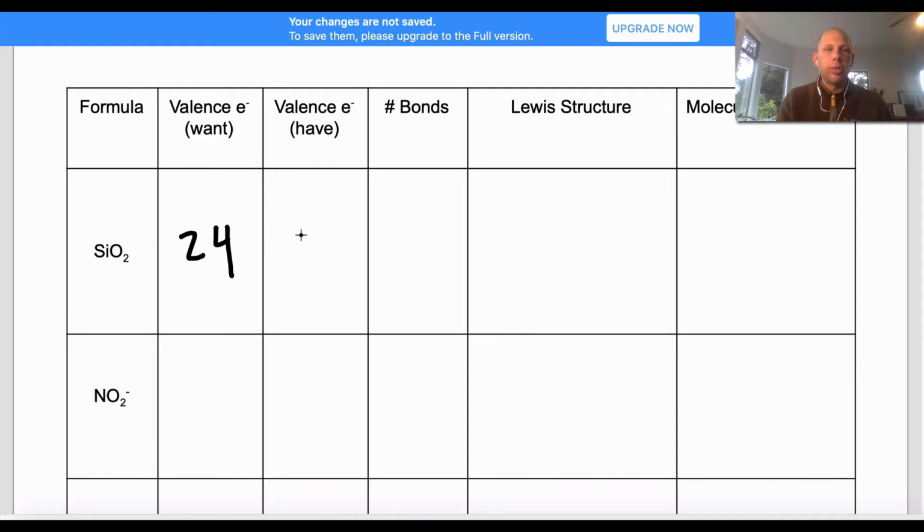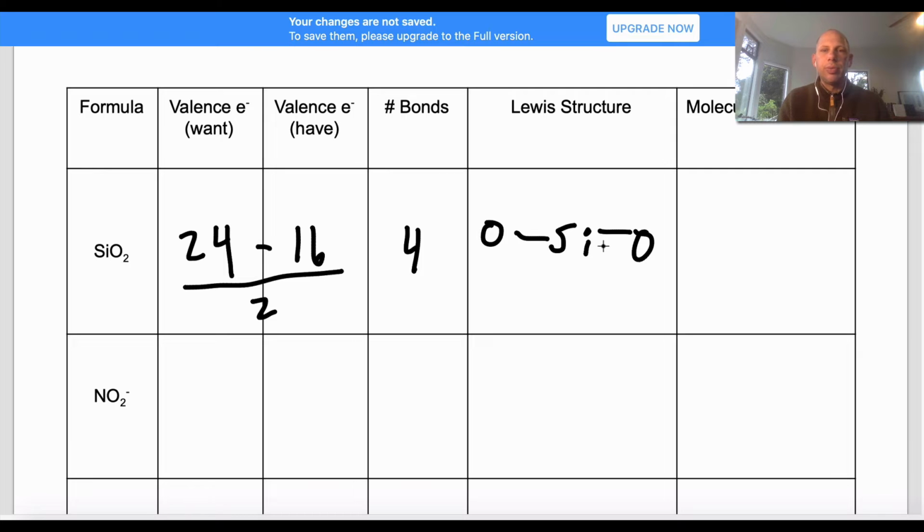So 12 plus 4 is 16. Subtract those, 2 is 8, divided by 2 is 4. So for symmetry, Si is going to go here, and we're just going to go 1, 2, 3, 4. Everybody has their lone pairs except for oxygen. And again, today's class is going to be about molecular geometry, so leave that blank.